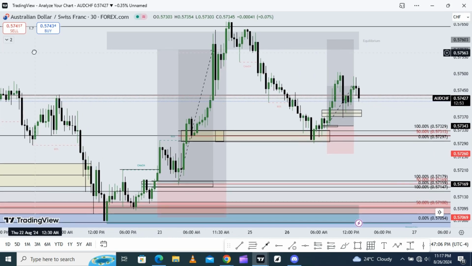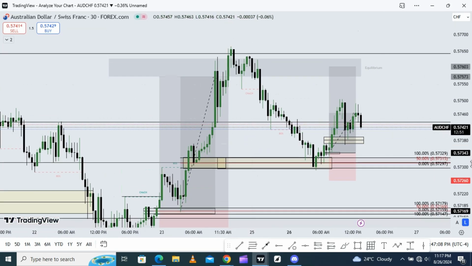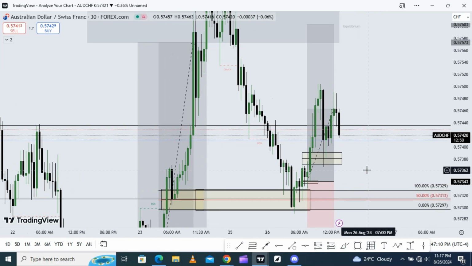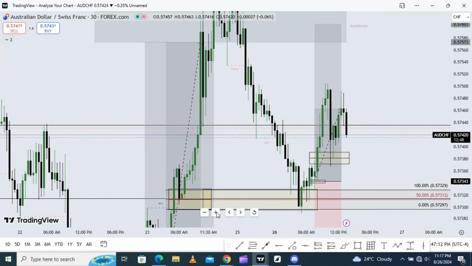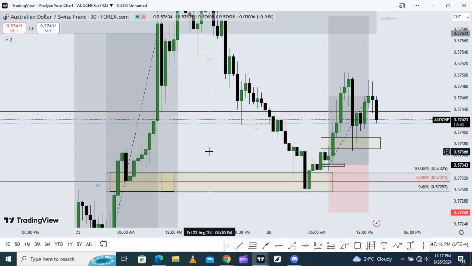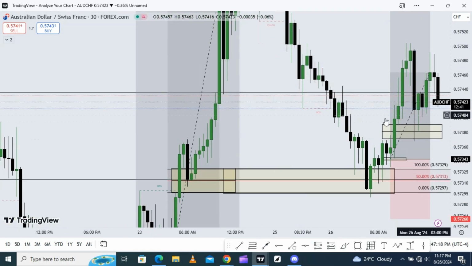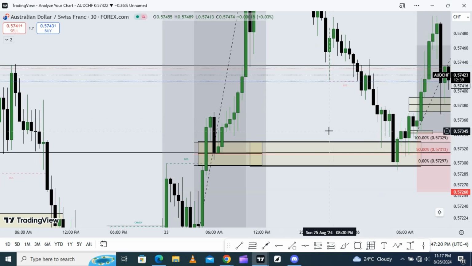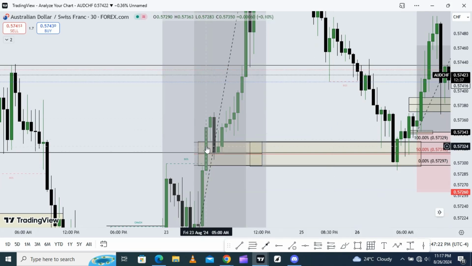So what we have to do is we wait. This is another setup, Monday setup. Can you see? This is buy side.